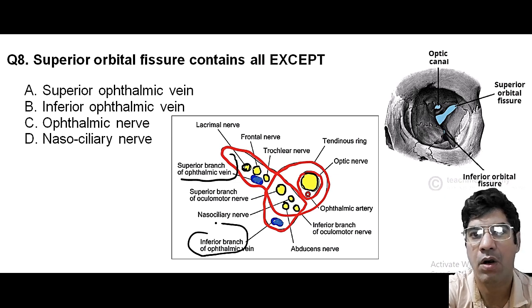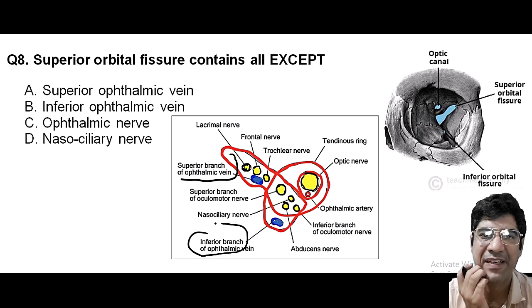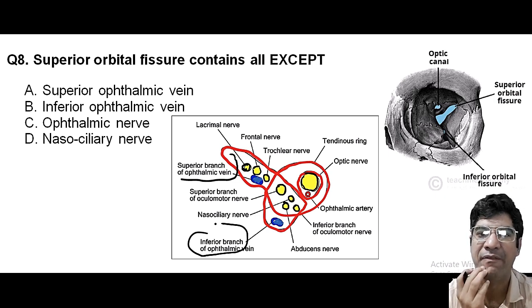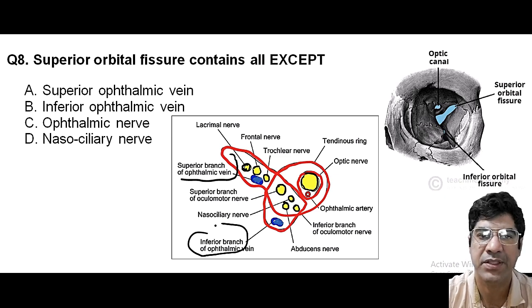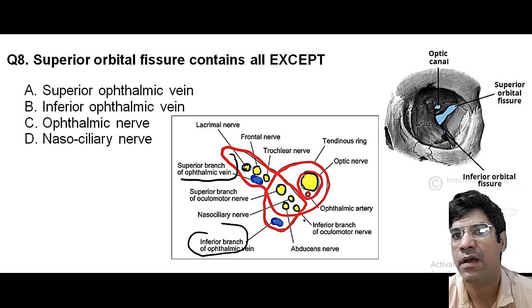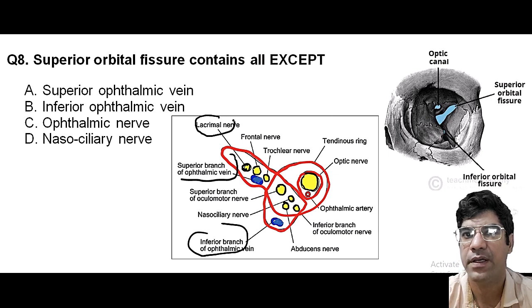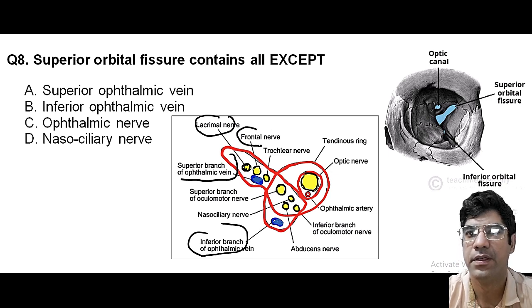Option C is ophthalmic nerve. The ophthalmic nerve itself does not pass through the superior orbital fissure. Instead, the superior orbital fissure allows passage of three branches of the ophthalmic nerve, which are the lacrimal nerve, frontal nerve, and the trochlear nerve.